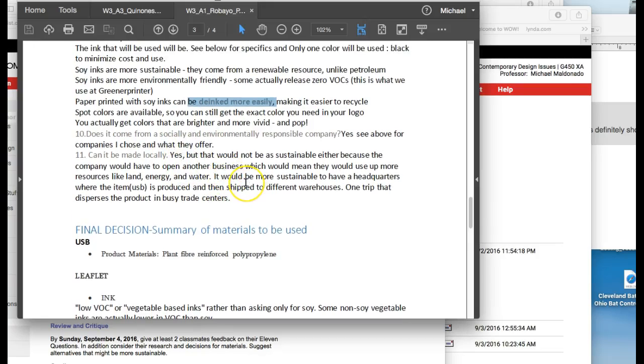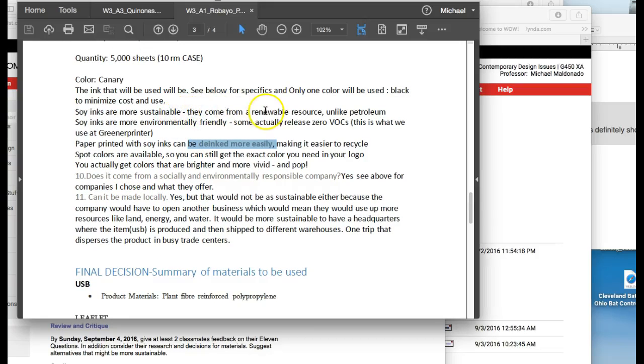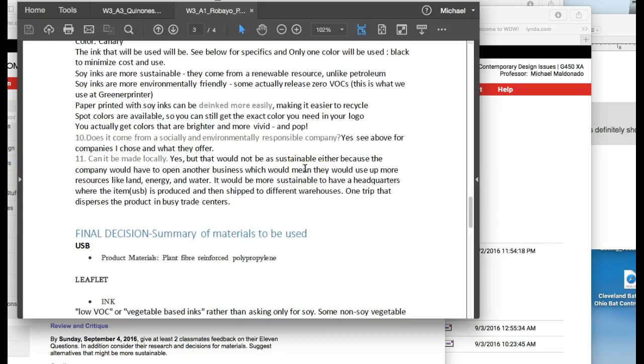I just need facts and figures and point me to research saying, okay, so I'm going to use so-and-so soy ink because they're more sustainable. They come from renewable sources. And then point me to a source and tell me exactly where that source came from. According to so-and-so, soy inks are more sustainable. They come from renewable sources. And then give the source, okay?